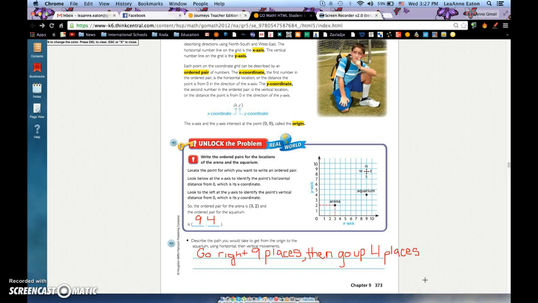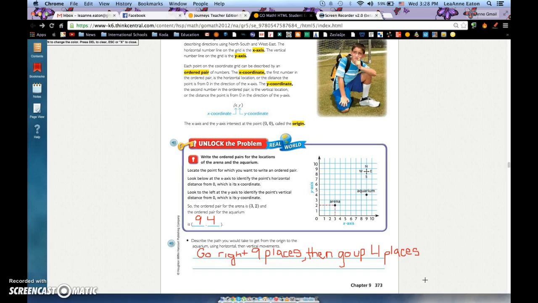And then let's review. I'm going to ask you what the words mean. You're going to shout out the answers, and Mr. Will is going to let you know if you're right. So, Eden, can you please tell me what the x-axis is? The x-axis is the one that goes left to right.